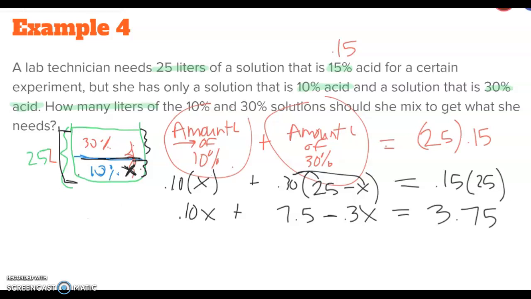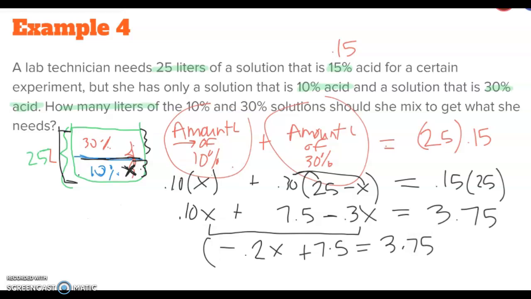Okay, so now this looks complicated because of the decimals, but we're just going to do the same thing we always do. We're going to start by combining the like terms. So 0.1x minus 0.3x is negative 0.2x plus 7.5 equals 3.75. Now I need to get my x alone, so I'm going to subtract 7.5.